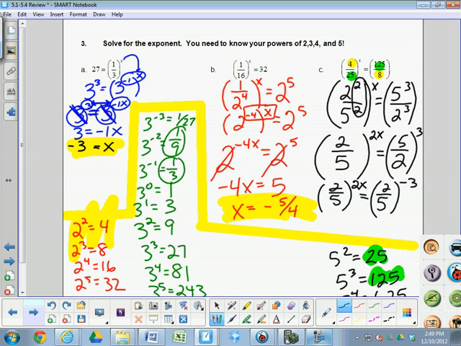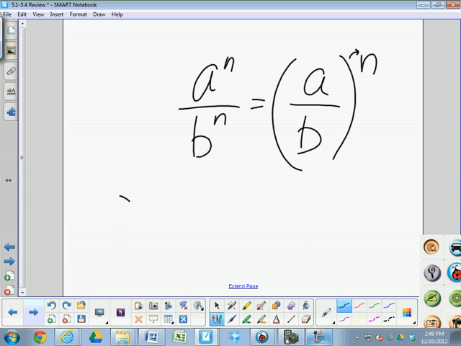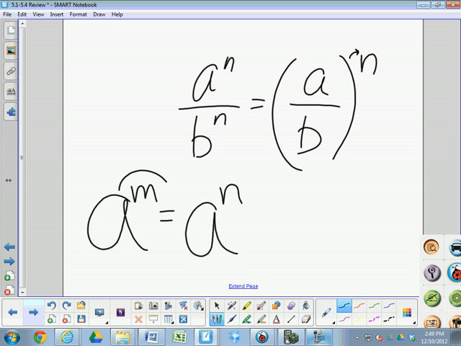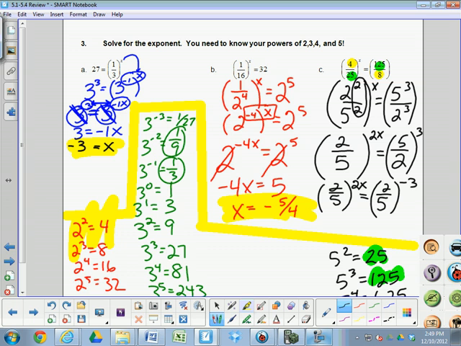Now, we go to another rule that I'll show you on another page, and that's this. If you have a base to a power and the same base to a power, you know what you could say about their powers? They're the same. That's what we have right here. Let me highlight it in blue.